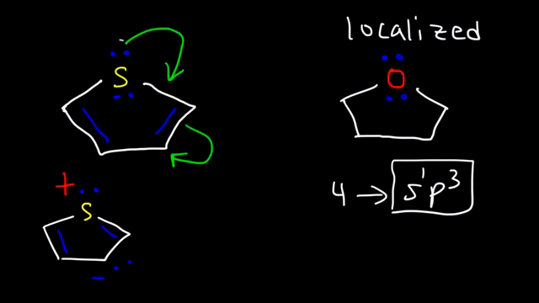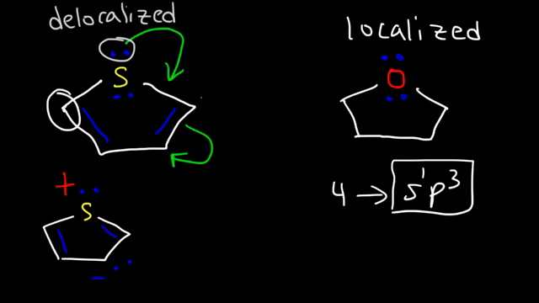So one of the 2 lone pairs is delocalized. The other one doesn't move. So when counting the hybridization of the sulfur, we have one group here, another group here, and the lone pair that doesn't move, that's stuck on the sulfur. We can't count the other lone pair that can move, that's delocalized. So we have 3 groups, so it's going to be sp2 hybridized.